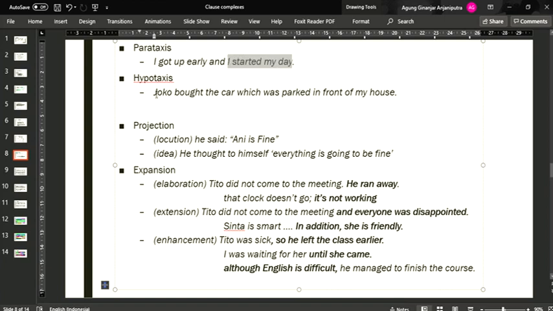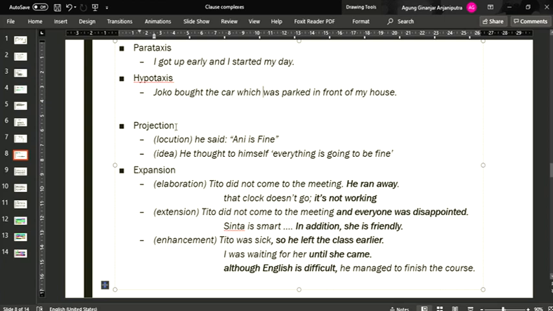But in hypotaxis, this clause is subordinate to the other one. This is subordinate to this clause because this one specifies the car. That's hypotaxis. We refer to it as subordination.